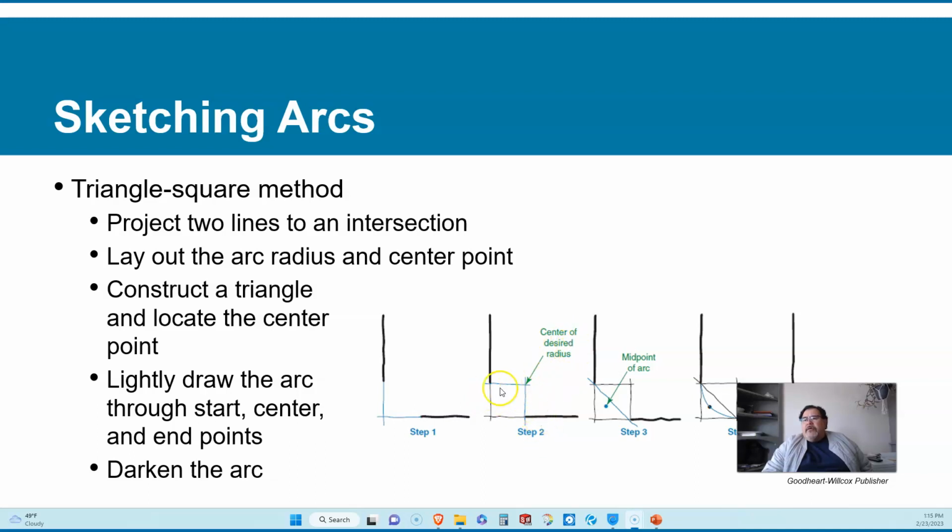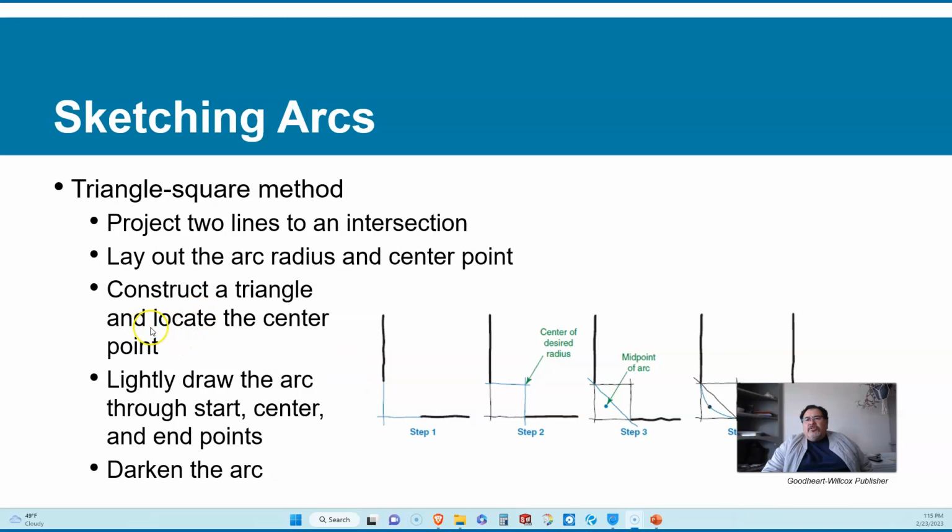And the center of those 2 lines, it kind of creates a square to each other, right? And it's like this center point, that intersection, and that intersection, they're like at 45 degrees to each other because these 2 are at 90 degrees. And it's the center of my desired radius.